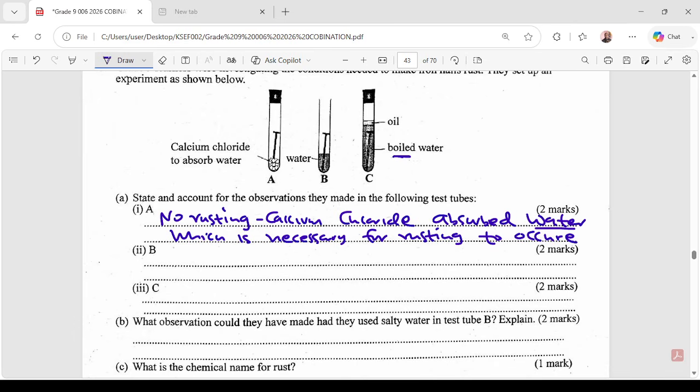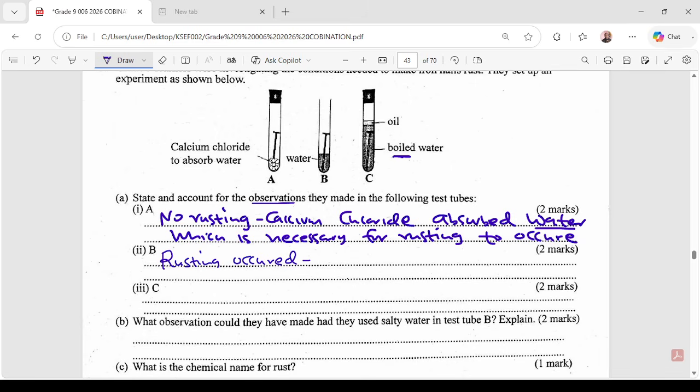B, rusting occurred. What did they observe? They observed a reddish brown coating on the nail. That is rusting.